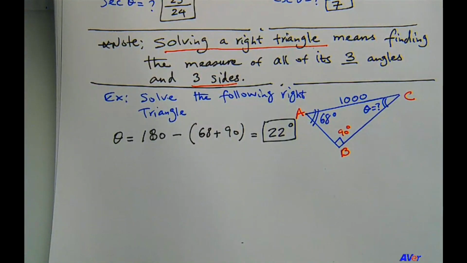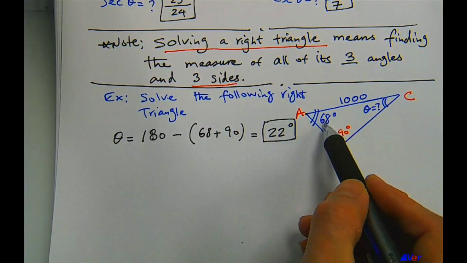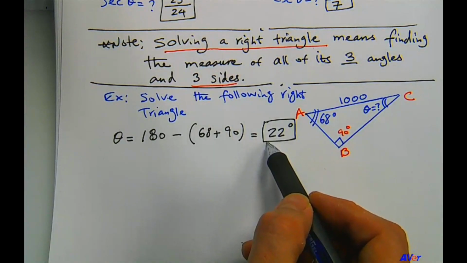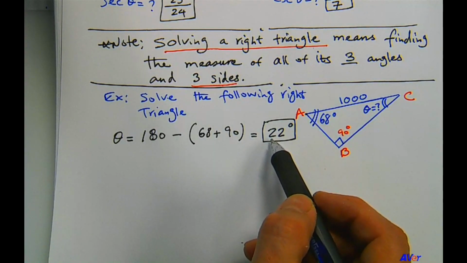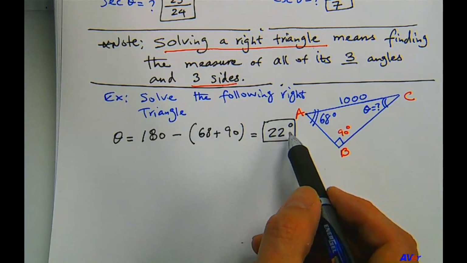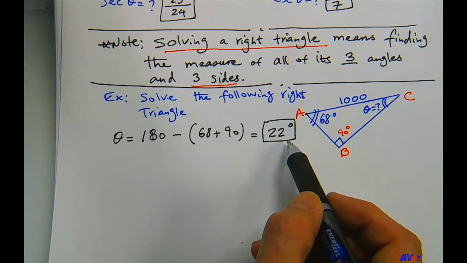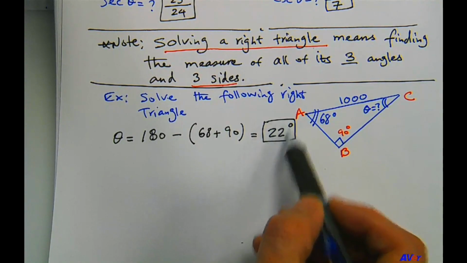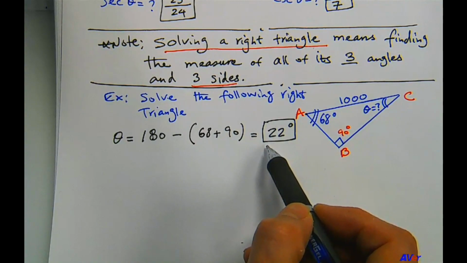You can, but I'm going to leave it as degrees because what we were given was in degrees. But you could change this to radians by simply multiplying this by pi over 180. Again, you can convert this to a radian angle by multiplying this number by pi over 180.